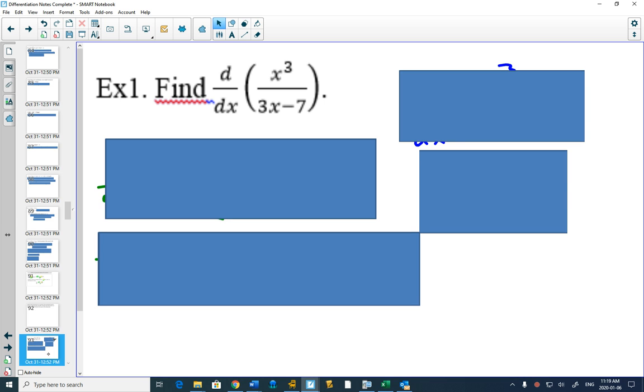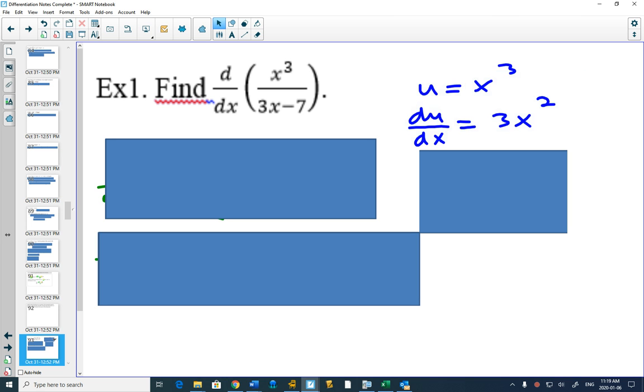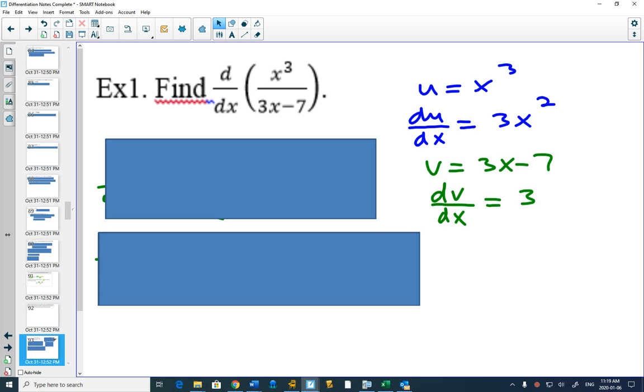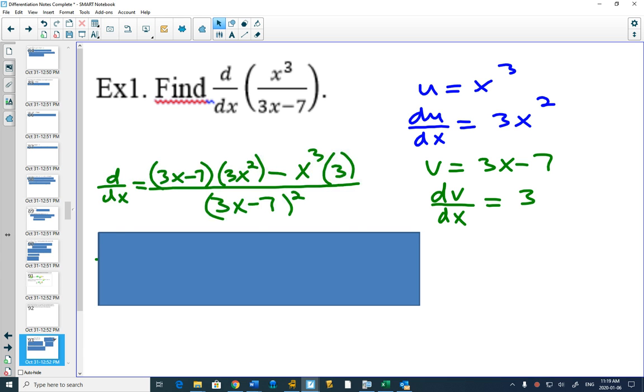If you want to do some work off to the side, you know, using your formula sheet, you can say, well, my top function is x cubed, so the derivative of that would be 3x squared. My bottom function, that would be v, would be 3x minus 7. Its derivative would be 3. If you want to show that work off to the side, you can. Most people go directly to writing out the answer and just say dy dx equals.